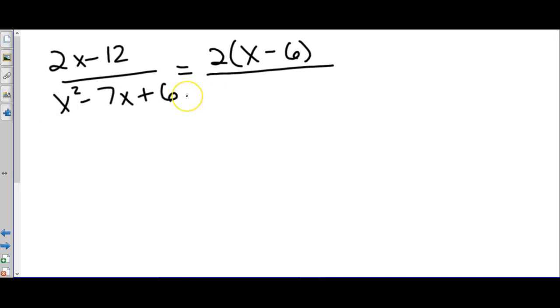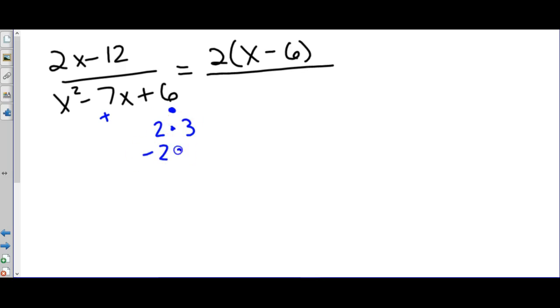So now that we've checked for greatest common factor, the way we factor something with 3 terms like this is we are looking for numbers that multiply to be positive 6 and also add to be negative 7. It's easier to start with your numbers that multiply to be positive 6. I know 2 times 3 is positive 6.